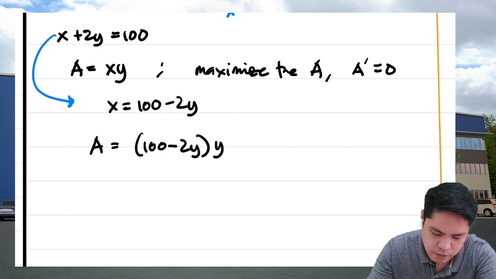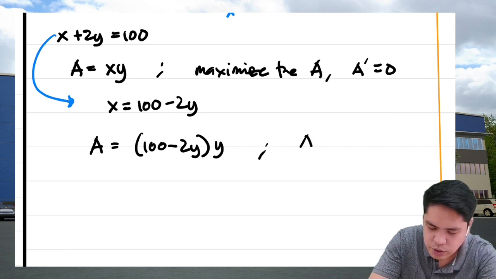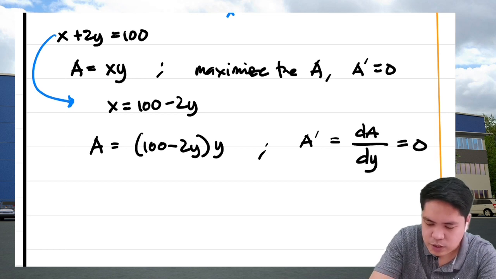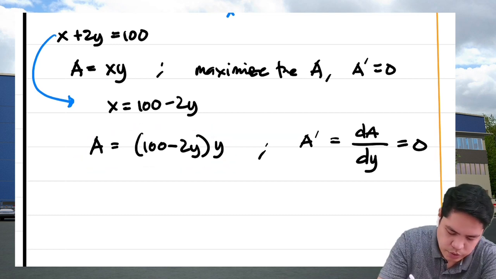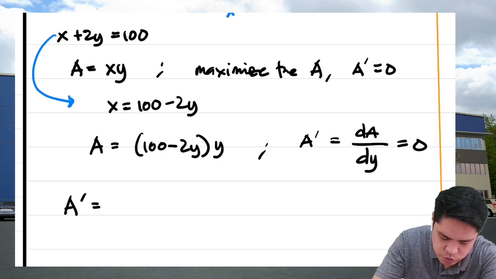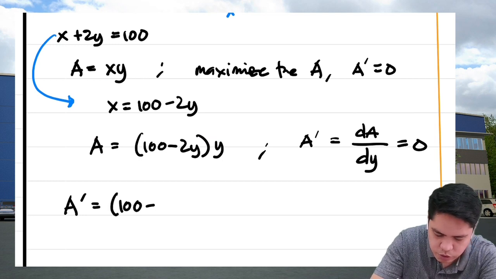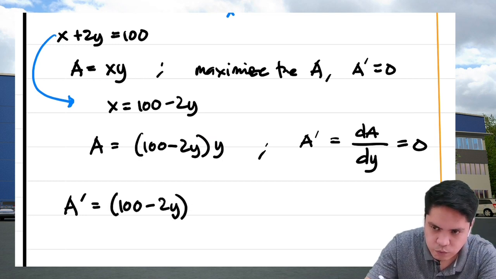Okay? So kung isa na lang yung variable, that means yung A prime natin is dA over dy. Yun yung equate natin to 0. So we just need to get the derivative of this, then equate that to 0. Okay? So A prime now is equal to, by product rule, that would be 100 minus 2y times the derivative of y with respect to y is just 1.